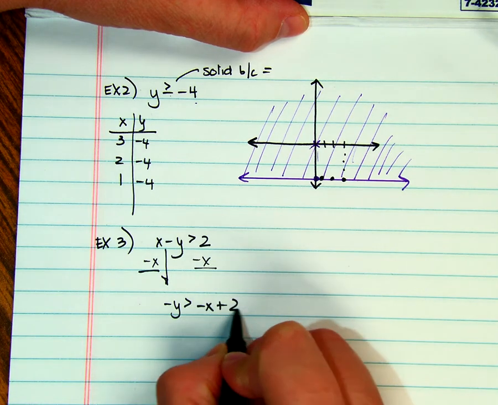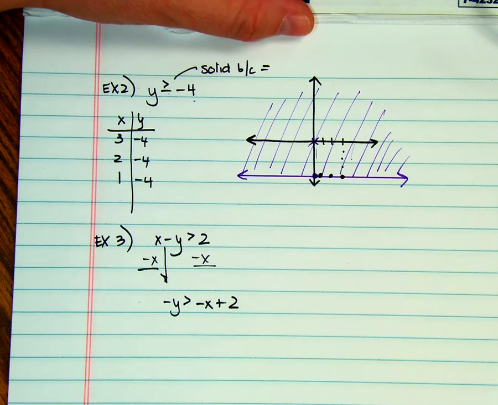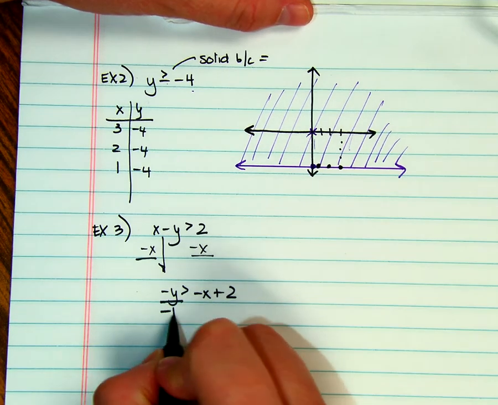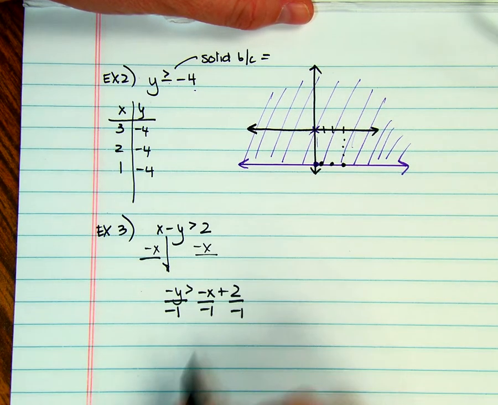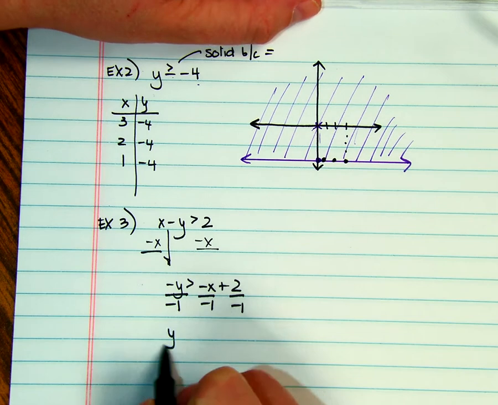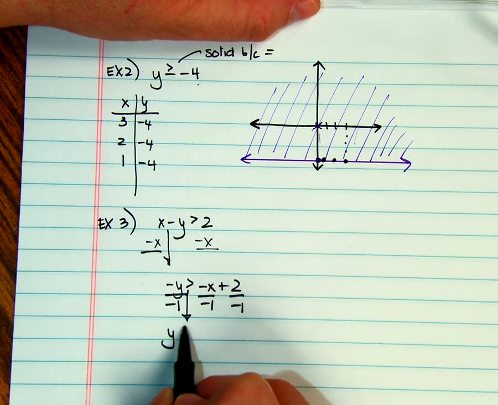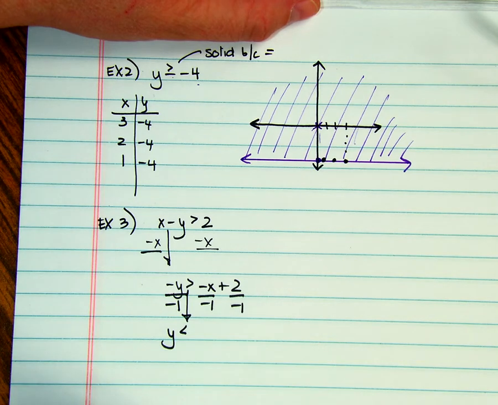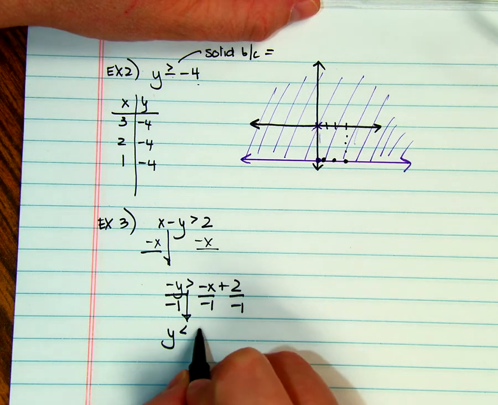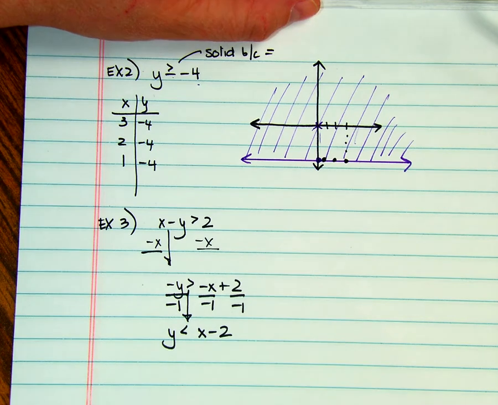I do like to put that negative x first. I'm going to divide every term by negative 1. Because I just divided everything by negative 1, I have to switch the sign from greater than to less than. This gives me x, and this gives me negative 2.